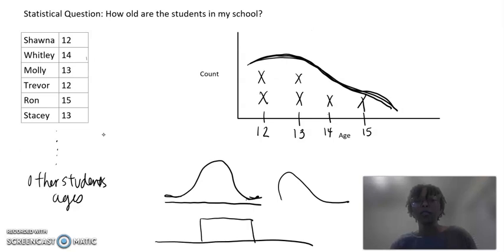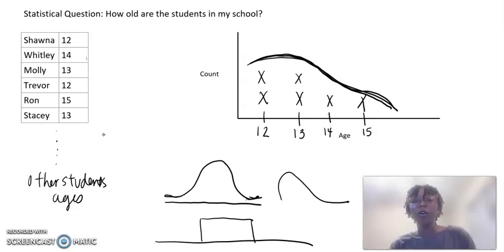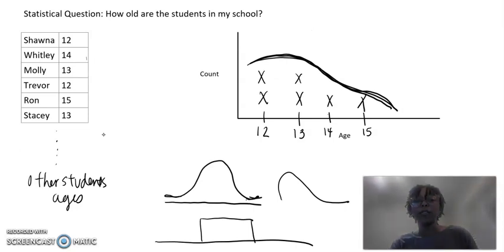And also the spread. So I'm sure you've heard of the range before. So basically, how far apart are your values from one another? So this is students in the school, so this is middle school, so we don't expect a 30-year-old to be in middle school.